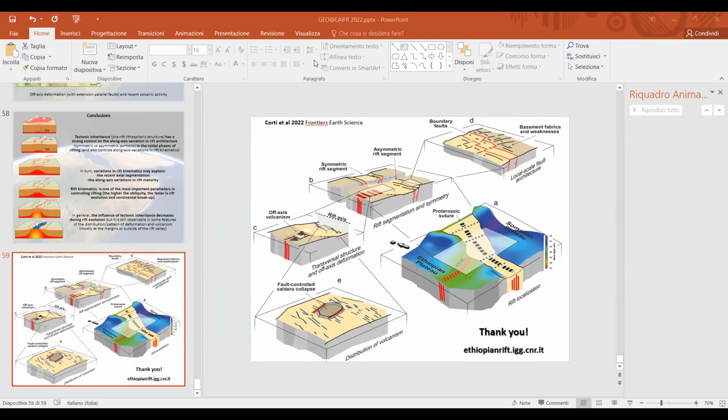So it's not the plume itself that generates the weakness, but I think it's also a rheological characteristic related to previous tectonic events, like in this case, the collision between East and West Gondwana and the existence of a complex deformation zone in between.